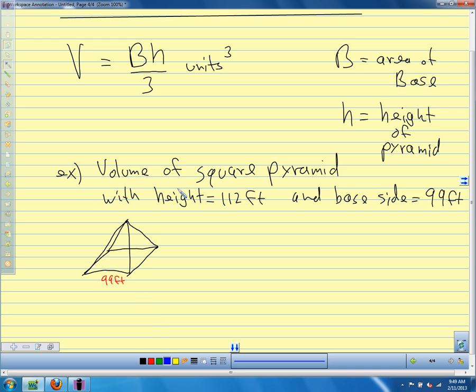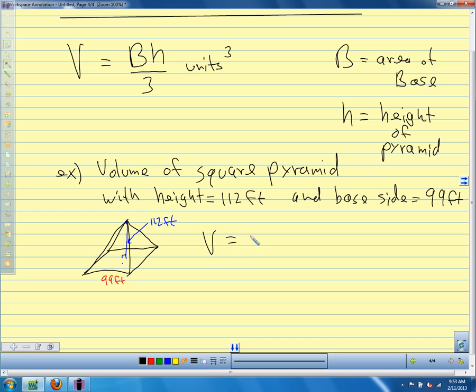So where does the height of our pyramid go, Jorge? Start at the vertex and go where? Right off the base. Perfect. So our height goes down like so. If I had drawn my picture perfectly, this would go right to the center, and we make a 90-degree angle. So that blue segment is 112 feet. That's a picture of my pyramid and the problem.